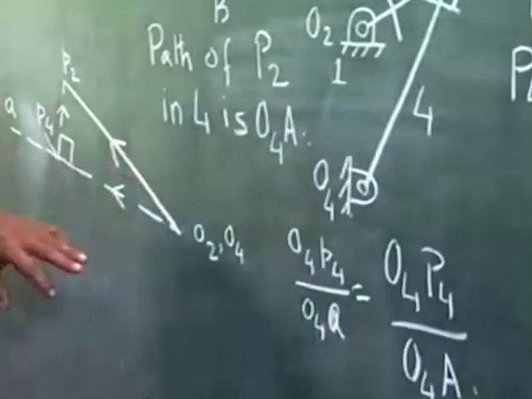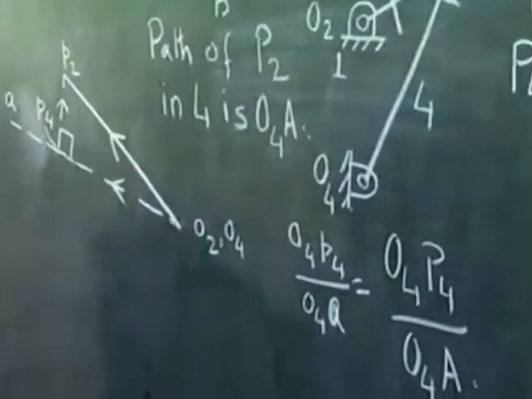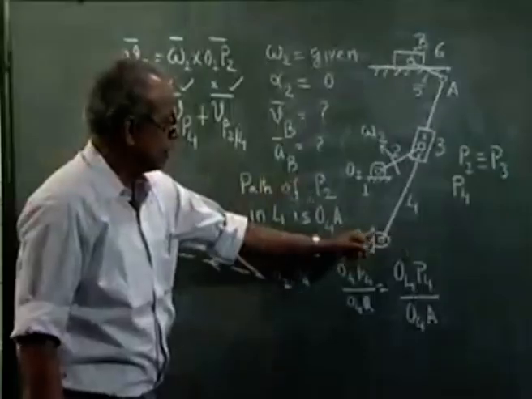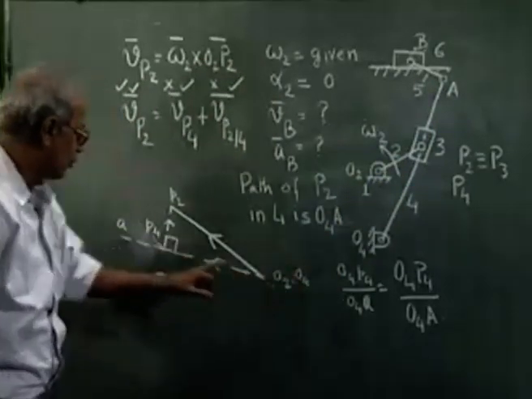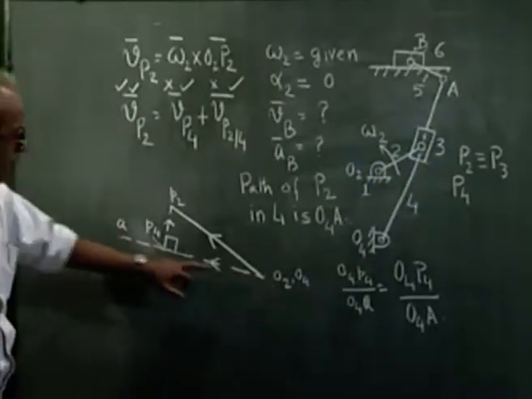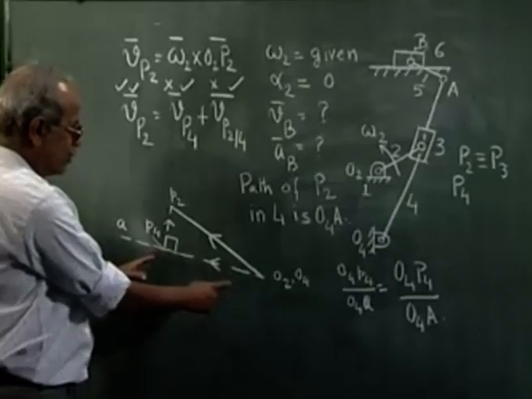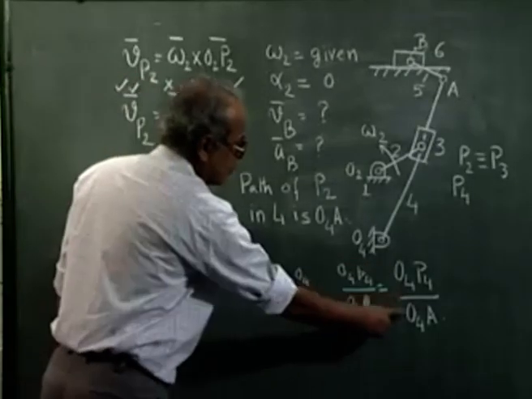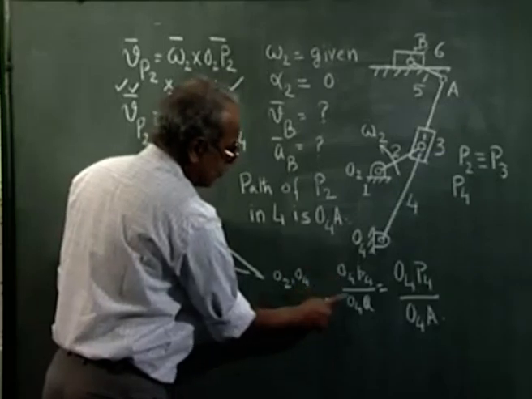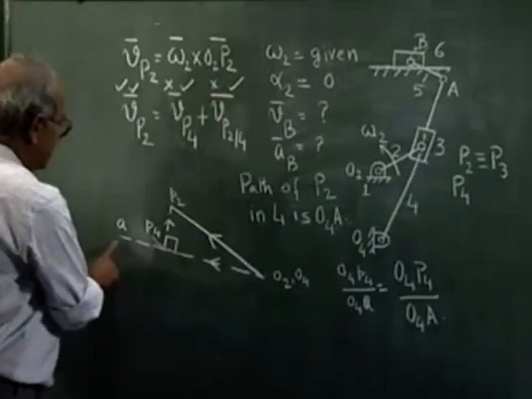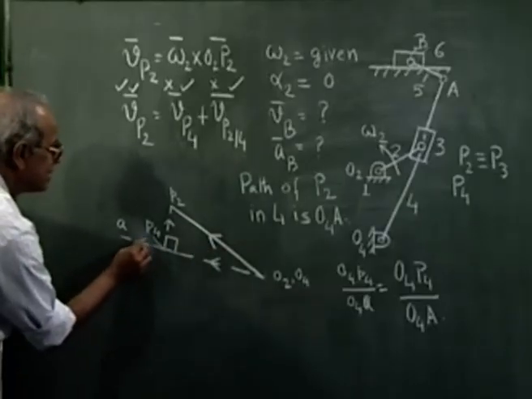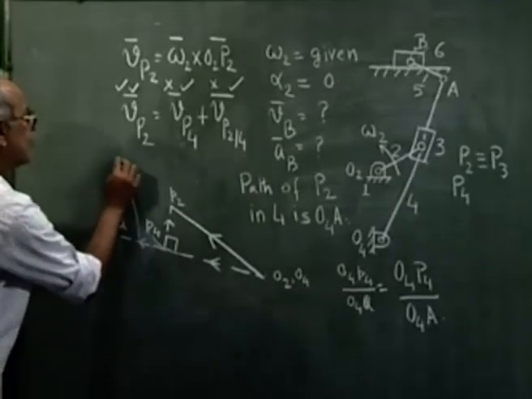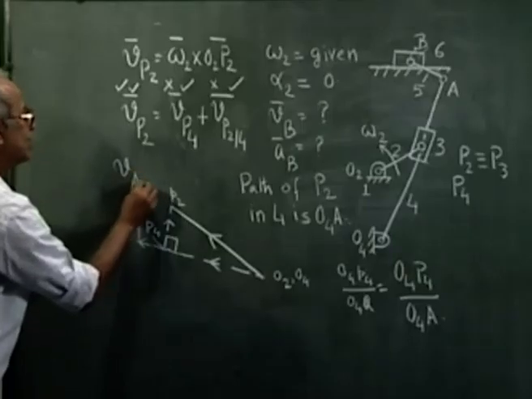I just replace the capital letters by the corresponding small letters. Here, as you see, O4 P4 A are in one line. So here also small o4, small p4 and small a are in one line, and the ratio is also the same. So I determine the point a, and this o4 a determines the vector VA, velocity of the point A.